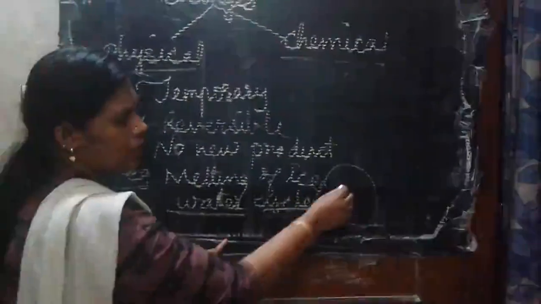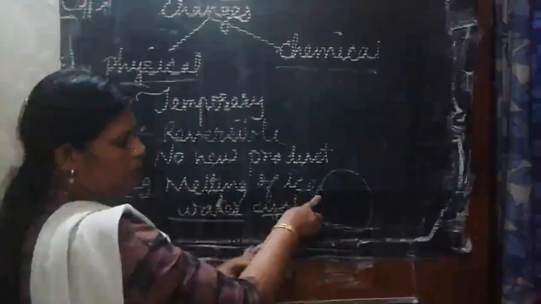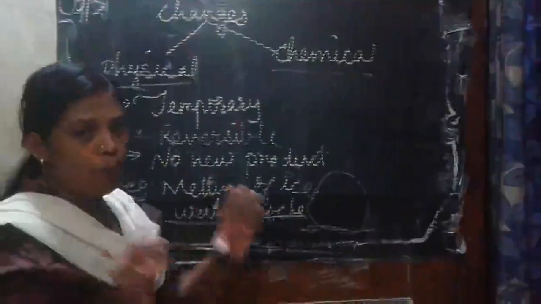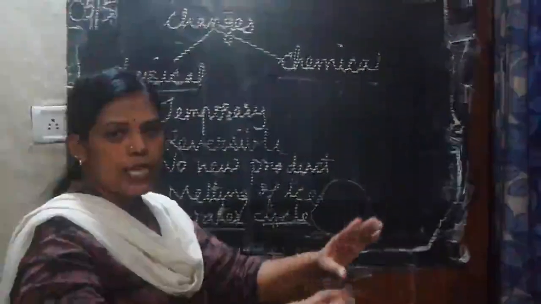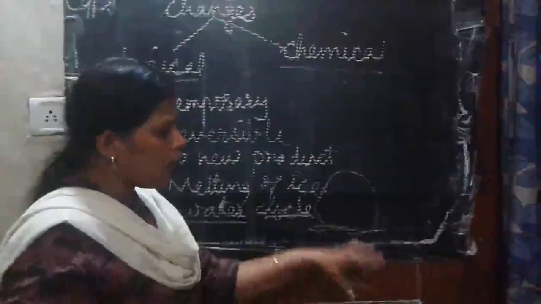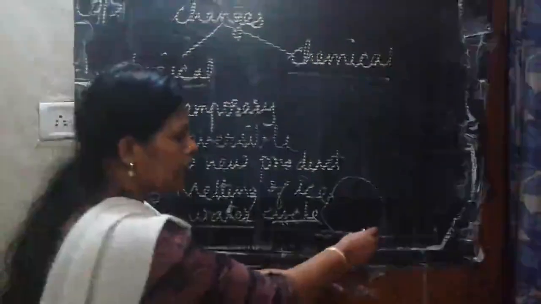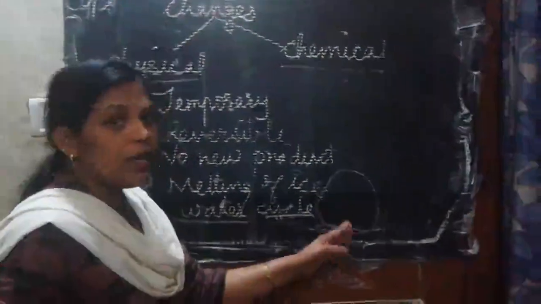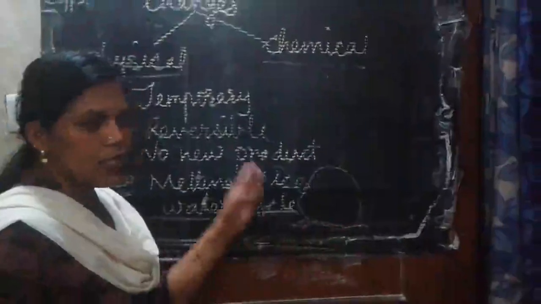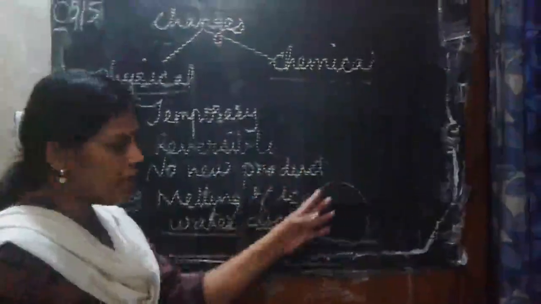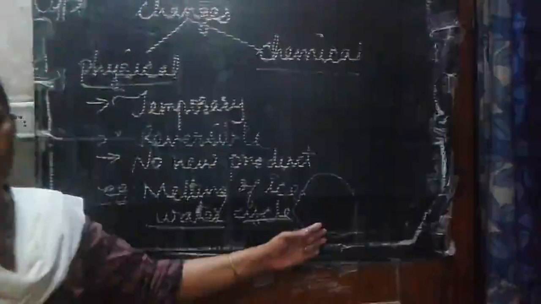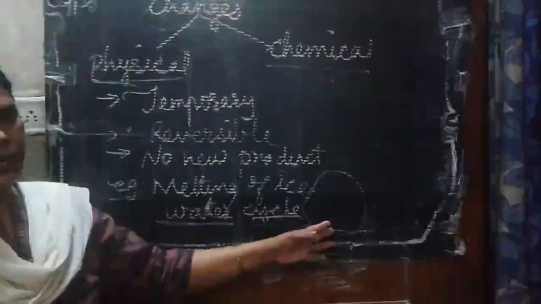Then this water vapor mixes with the other gases and forms the clouds. Then from the clouds, the water comes down in the form of rain. See, so it's a continuous process. Is it reversible? Yes, of course it is reversible. So it is coming back again and again. So it is only the physical change. No new product we are getting from this.